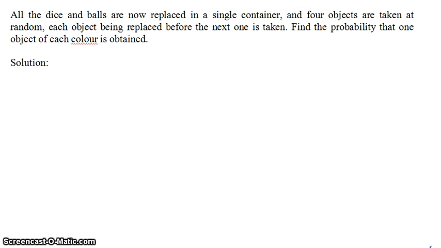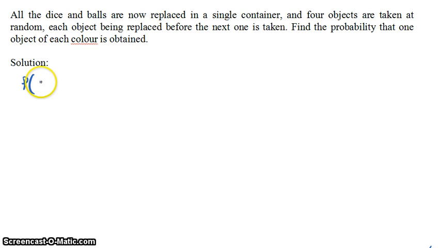The last part now tells us that all of the balls are being replaced into a single container along with the dice, and 4 objects are taken at random, each object being replaced before the next one is taken. We have to find the probability that one object of each colour is obtained. Well, that's a little bit tricky to do, but I'm going to do something a little bit easier.